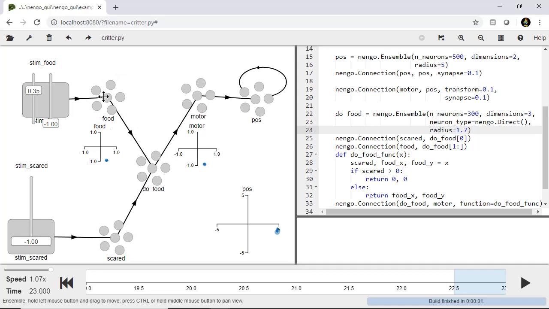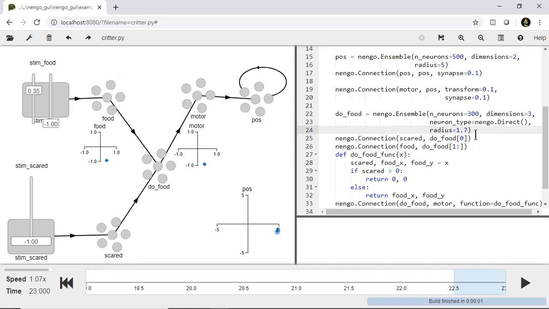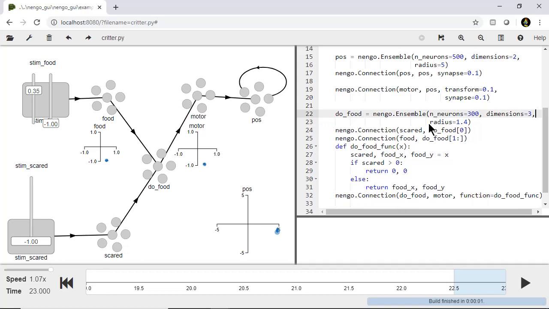This is going to have a radius of 1. Scared is going to have a radius of 1. So that means this do food is really just going to have a radius of square root of 2. So I'm going to say a radius of 1.4 is good enough. And then we're going to get rid of this direct mode, because direct mode does not involve neurons, so the radius is irrelevant there.